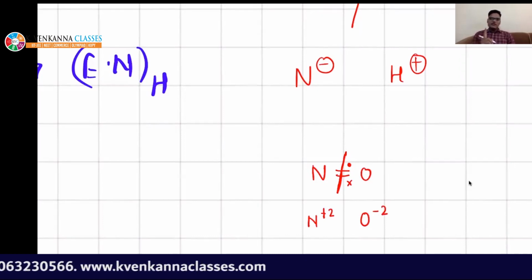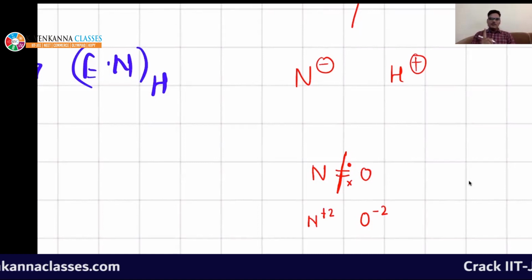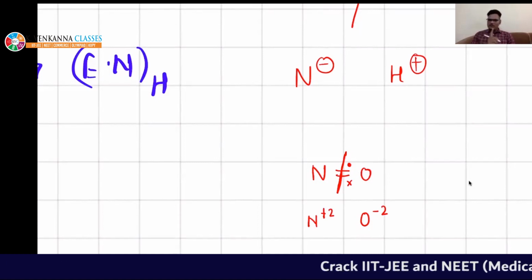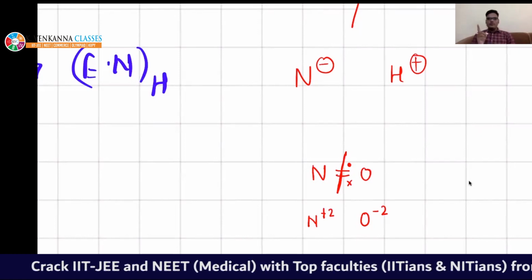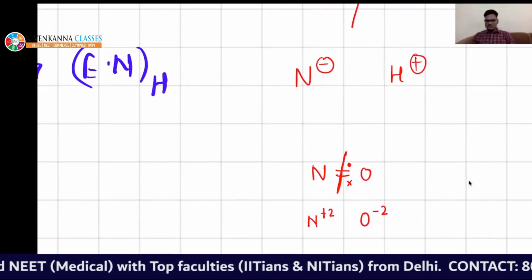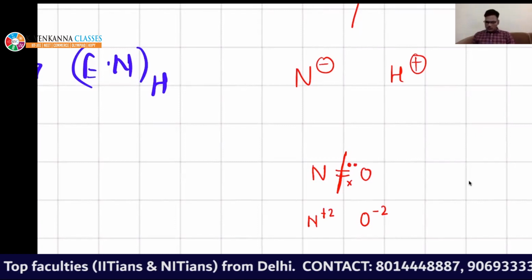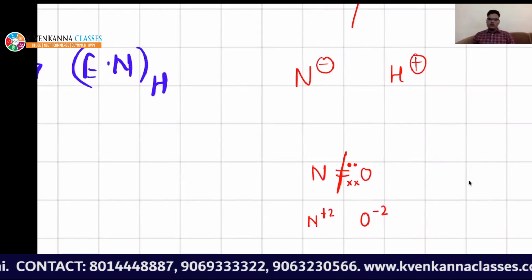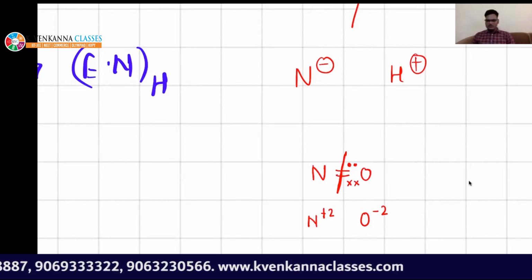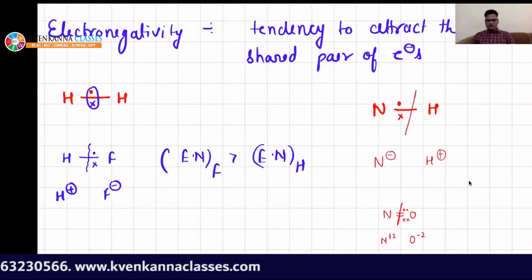On breaking a single bond, you will provide 1 and 1, and on breaking two bonds, you will provide 2 and 2. On breaking 3 bonds, you will provide 3 and 3. Actually, there are 2 and 4 electrons to form two bonds. Is that okay, beta? I will give you another example if you want.